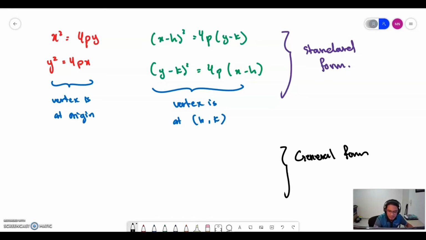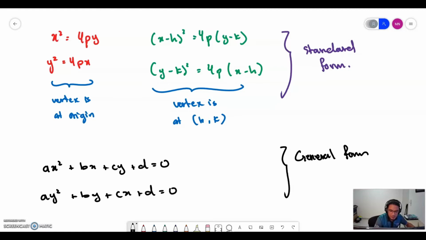It can be written as ax squared plus bx plus cy plus d equals 0, or ay squared plus by plus cx plus d equals 0. As you can see, the general form for a parabola actually looks like a quadratic equation.